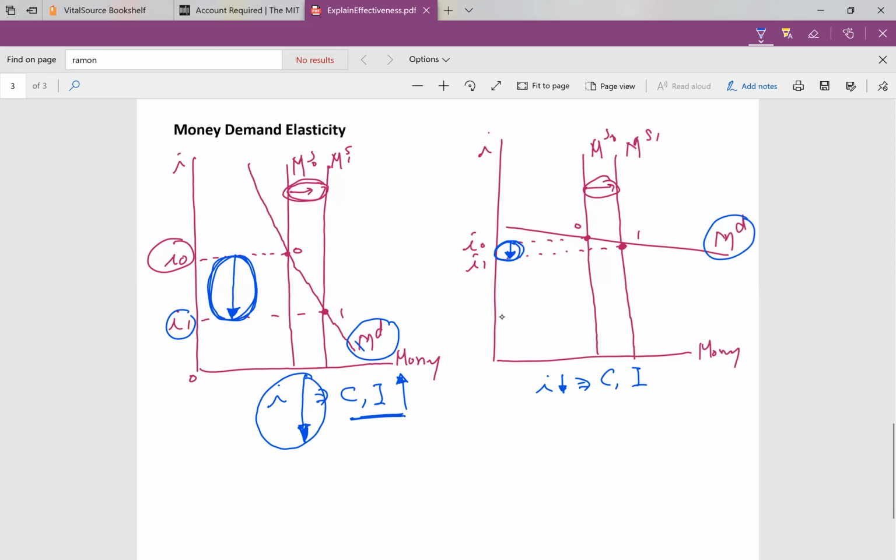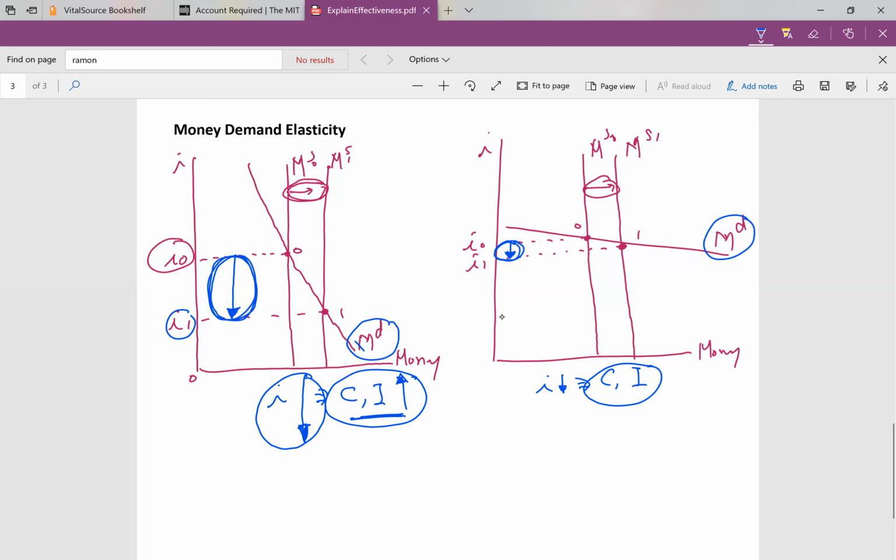And monetary policy will be not very effective. It's important to understand this. The response of consumers and firms to a change in the interest rate depends on the magnitude of that change, which in turn depends on the elasticity of demand.